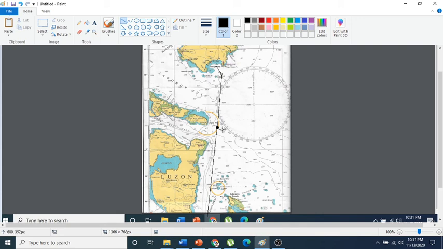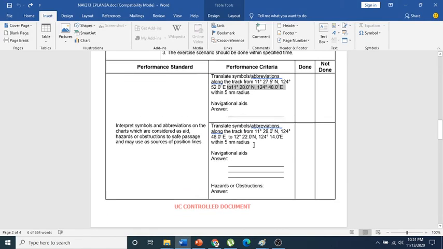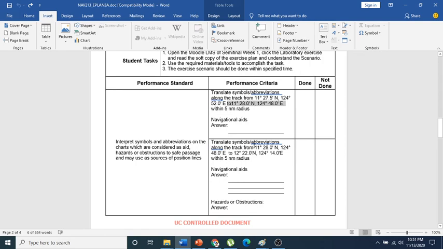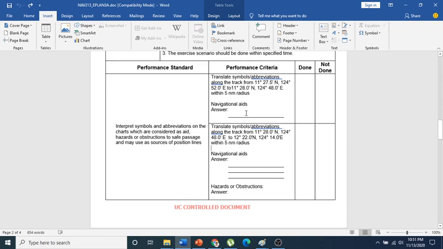We finished plotting the position line, we finished labeling, and what needs to be done according to the performance standard. Let me give you an idea about what a navigational aid is and what a hazard or obstruction is. Navigational aids, as the name implies, are anything that can help the mariner in his navigation. It could be a pilot position, lighthouse, lifebuoy, cardinal marks, or radio contact points.